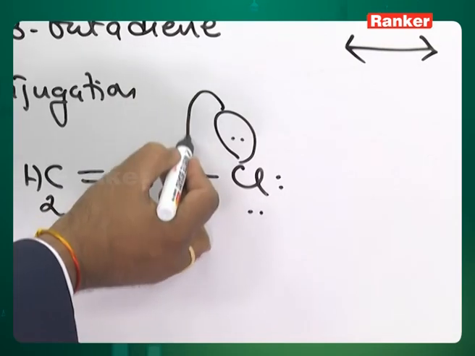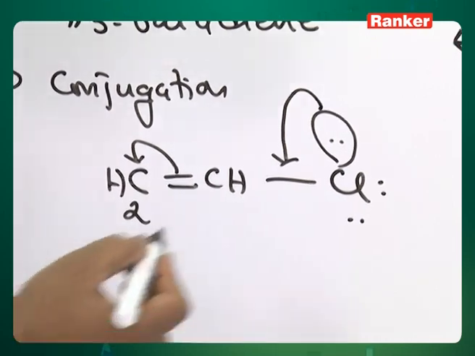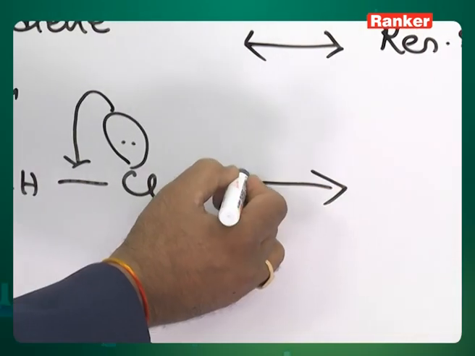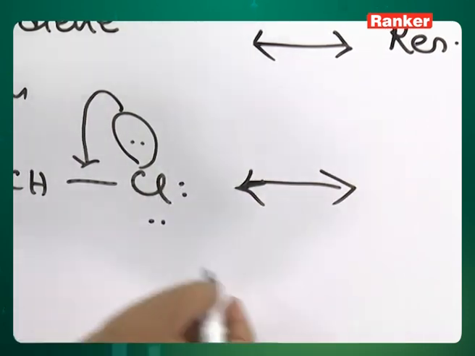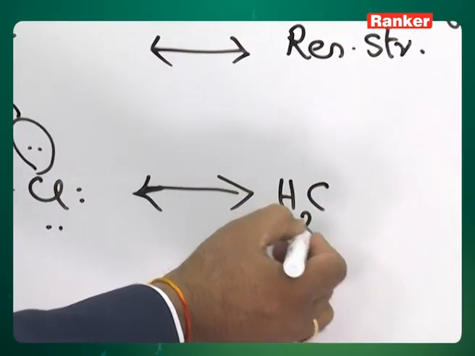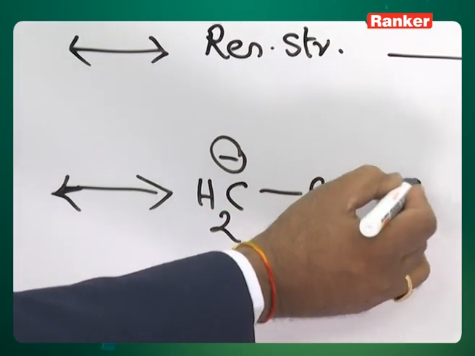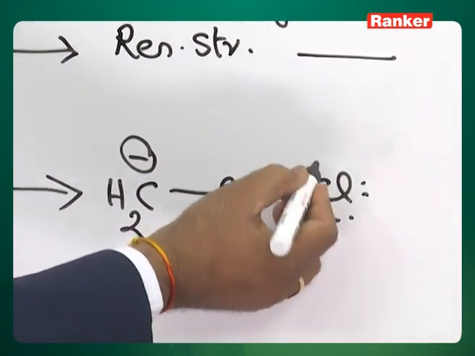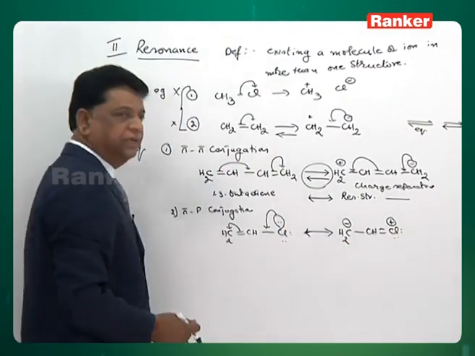So if this pair comes here, the double bond goes to the corner, and you will get a resonance structure of this compound. So for resonance structure, I am using this specific symbol, double headed arrow, and this compound will get a minus charge on this side, on that side you will get a double bond, and the Cl has only two lone pairs, one pair is missing, but a plus charge is there.